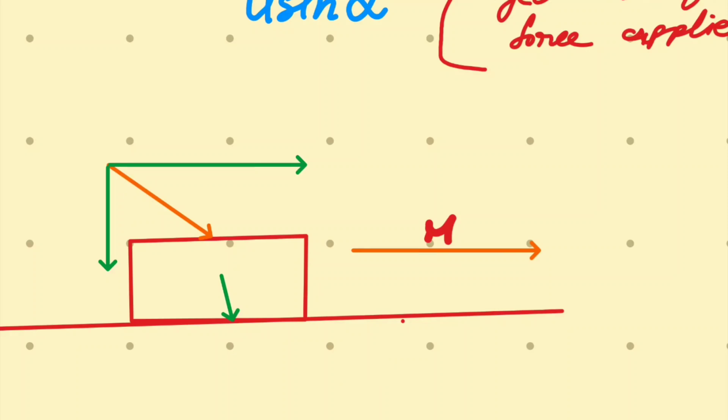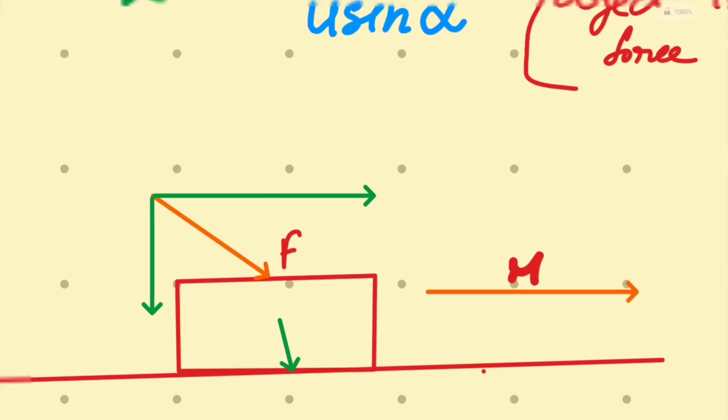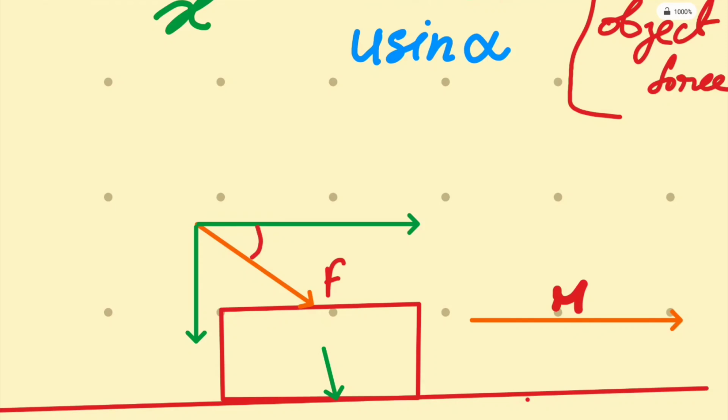Now, if this is denoted as F, we can say that the force being applied is definitely at an angle, so there will be an angle here. Let's refer to that as theta.